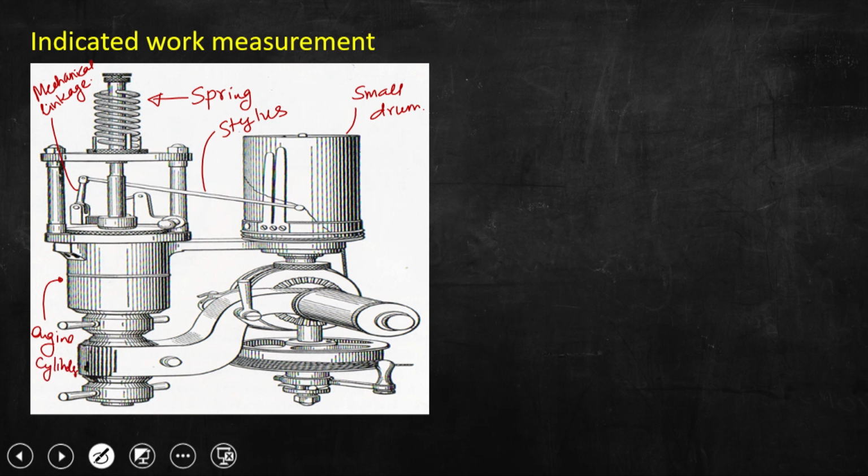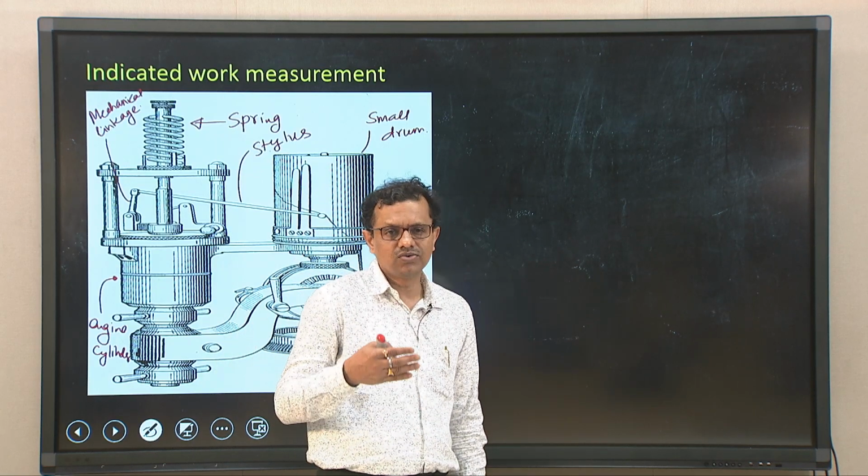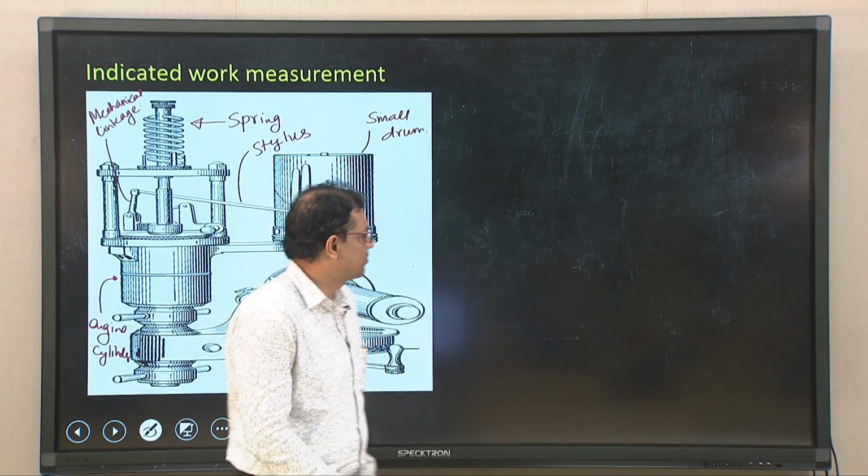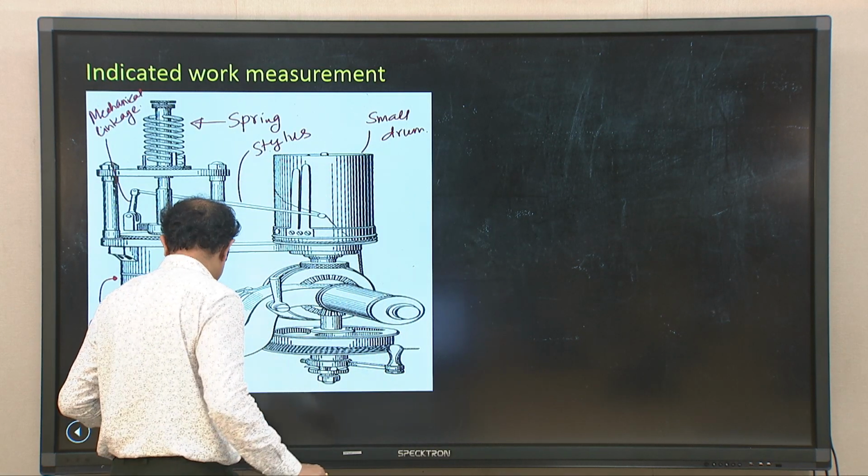Okay. So, let me write a few steps first, which will help you to understand the steps used to describe the functionality of this particular mechanical device, the indicator device.